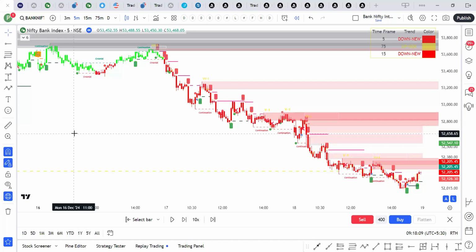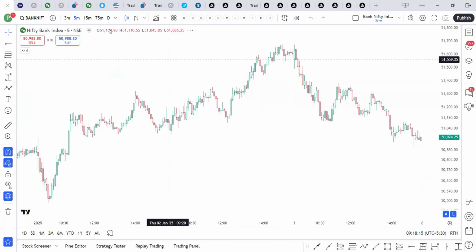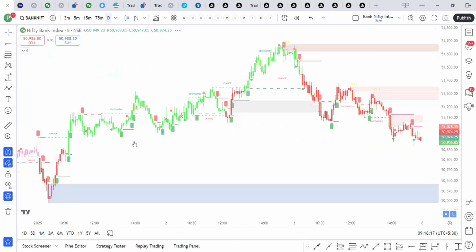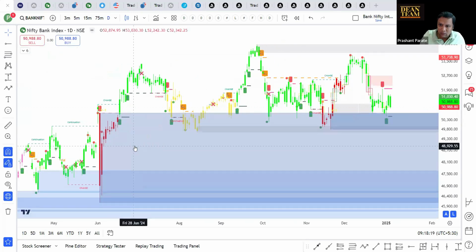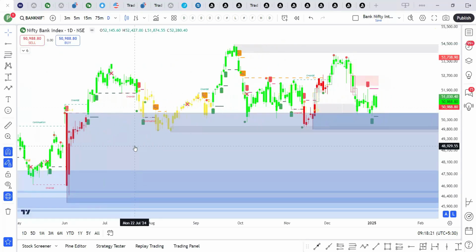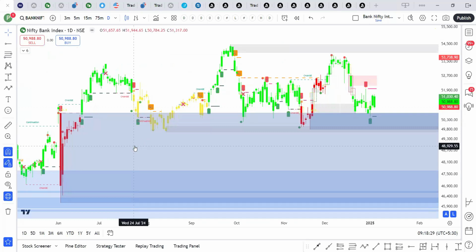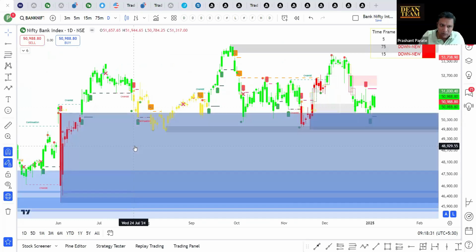Currently we are in a very sideways market for the daily time frame. So I think again it is not a tradable situation in 15 and 75 minutes. It is only on 3 and 5 minutes that we may have some trades.